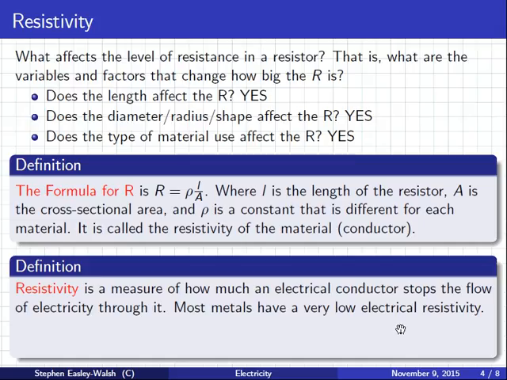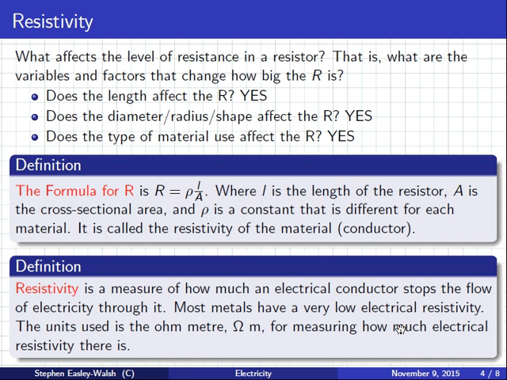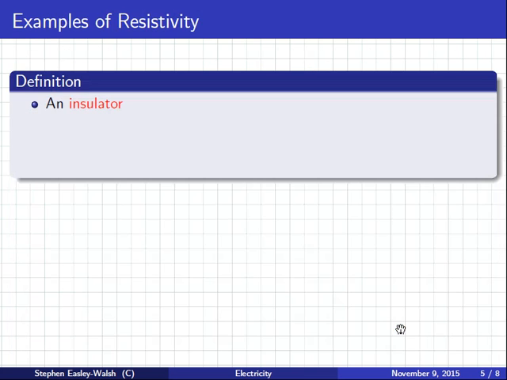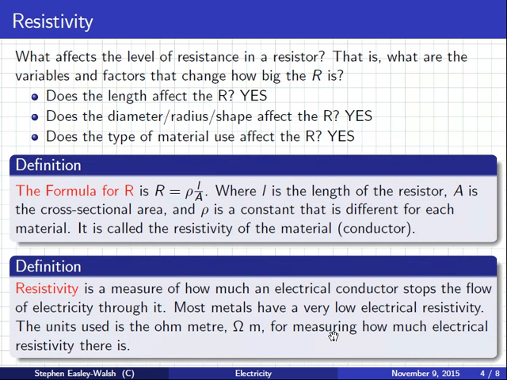An insulator, such as wood, plastic, things like this. The units used is the ohm meter. So you need this definition. I've seen it in the exam a few times.